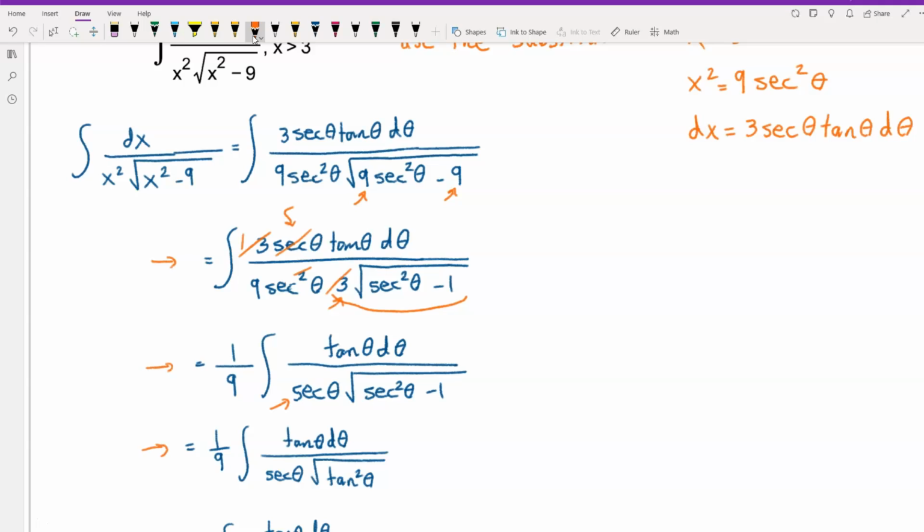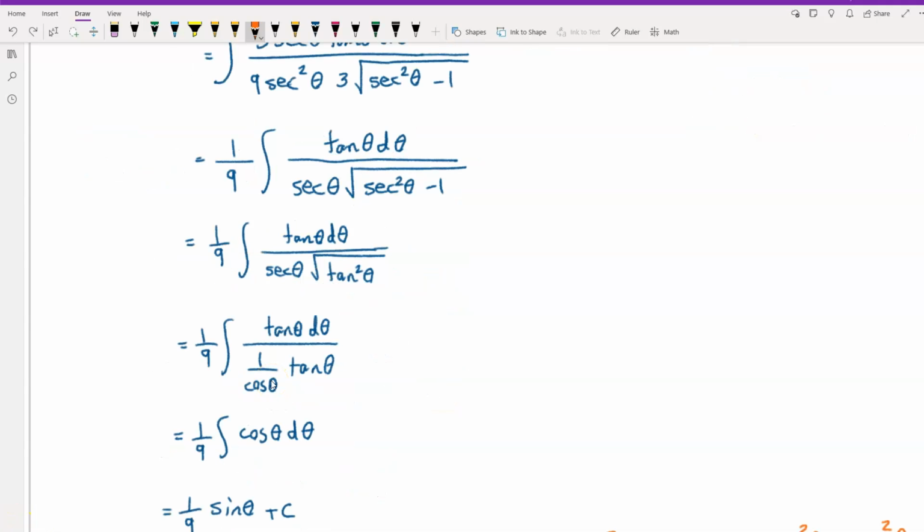That is equal to 1 over 9 integral of tangent theta d theta, denominator secant theta times, instead of secant squared minus 1, we have tangent squared. Then the square root of tangent squared is equal to tangent, and secant is equal to 1 over cosine.